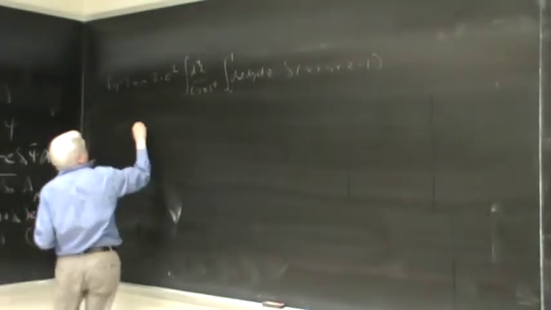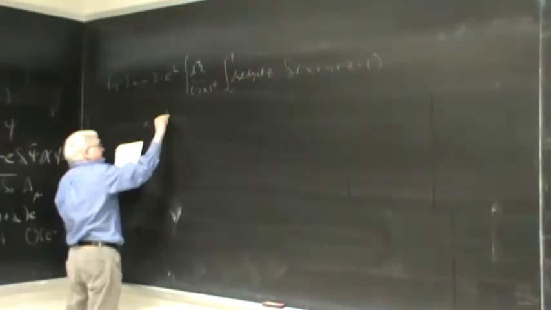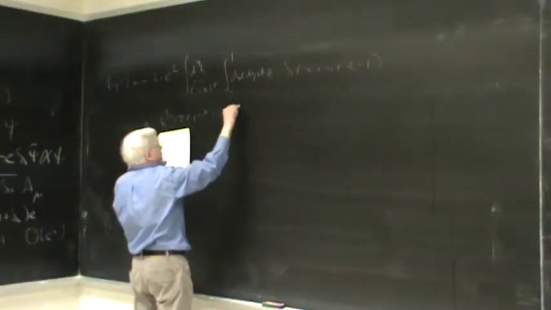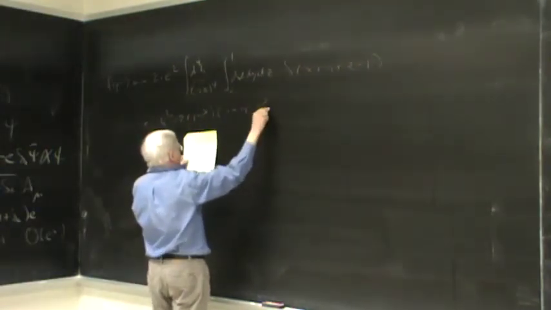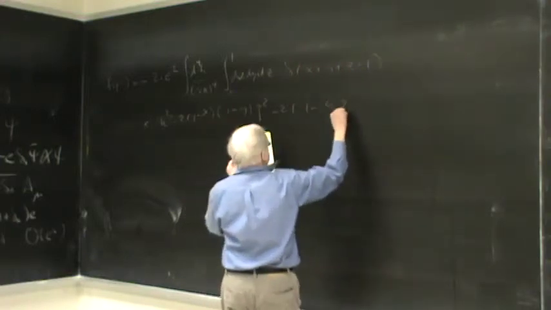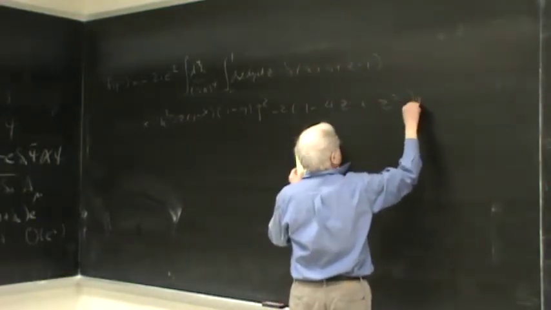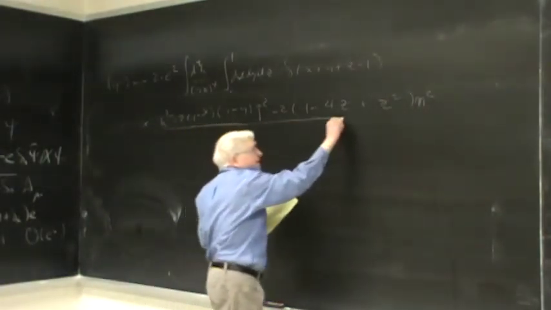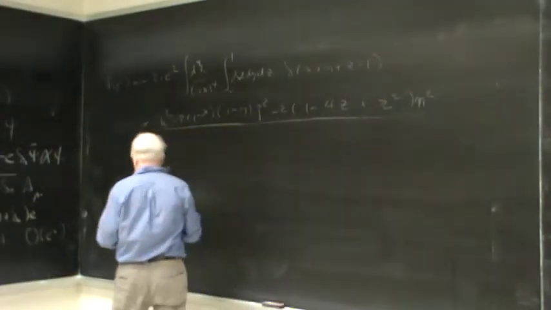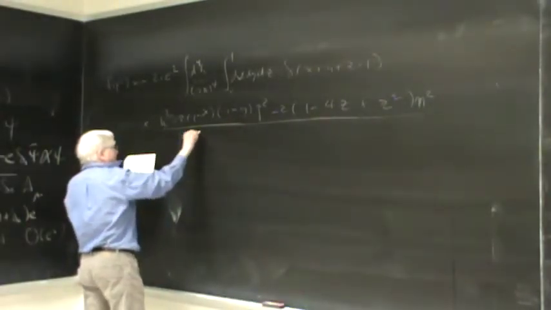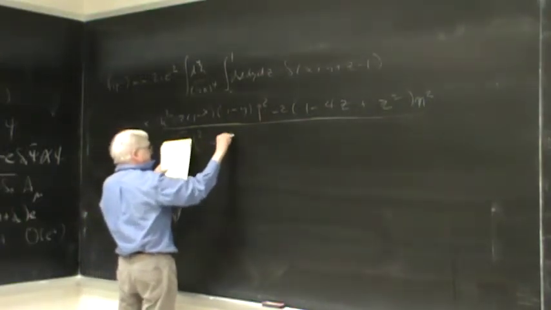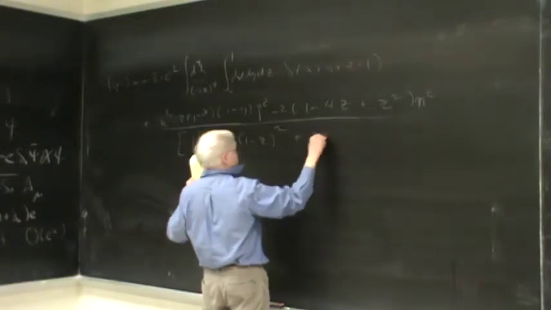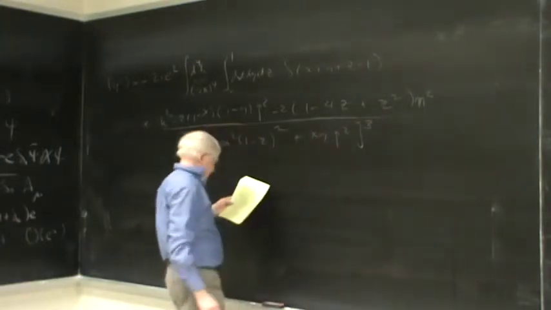And all of that times inside the integrand, k squared minus 2(1 minus x)(1 minus y) p squared minus 2(1 minus 4z plus z squared) m squared, and then this whole thing is divided by the cube of k squared minus m squared (1 minus z) squared plus xy p squared, cubed.